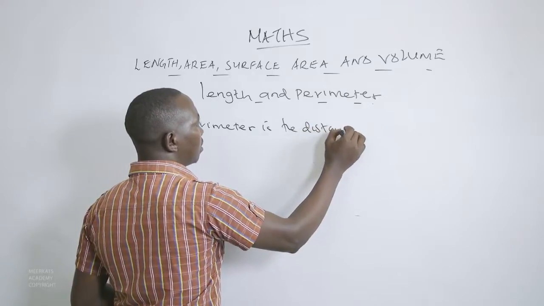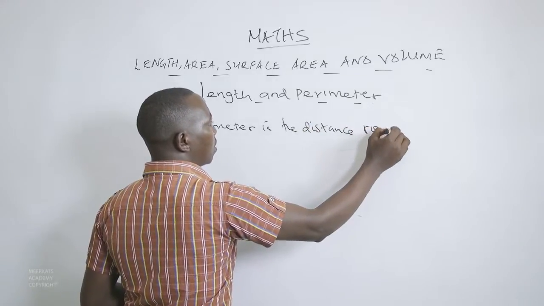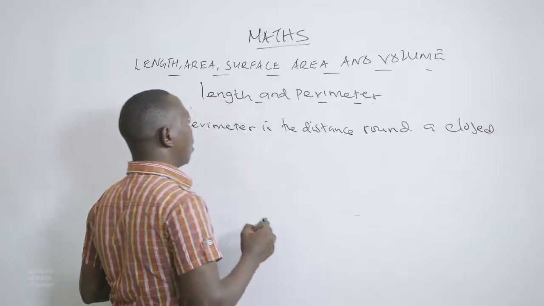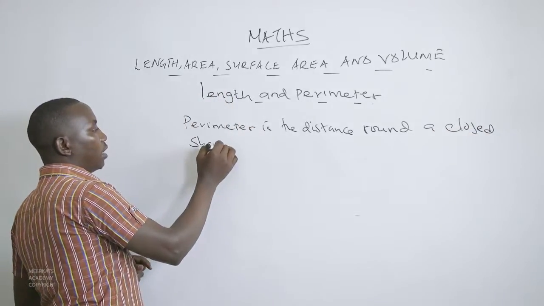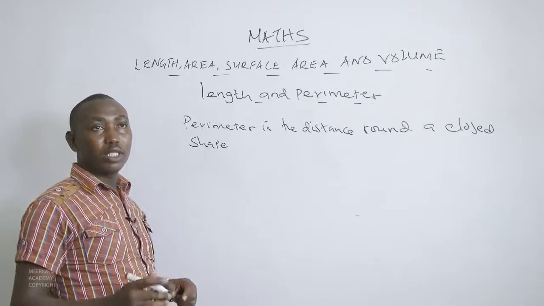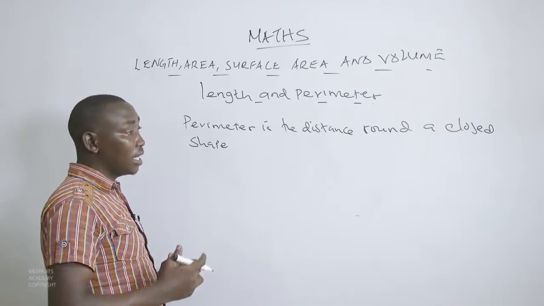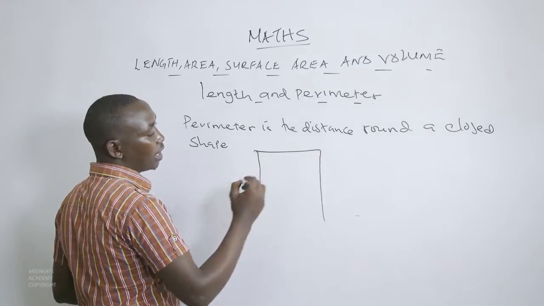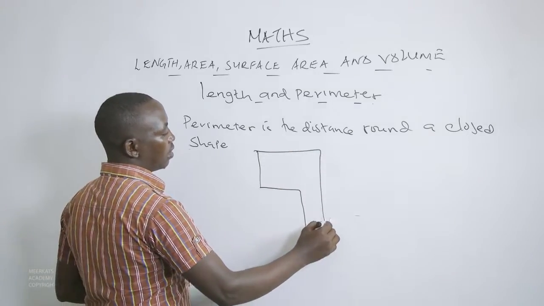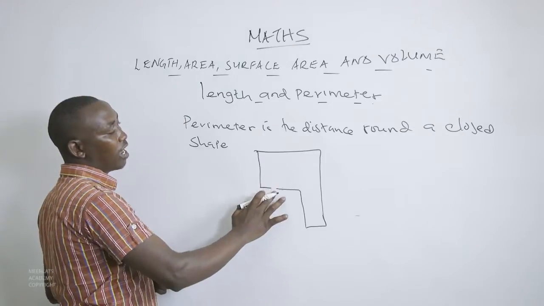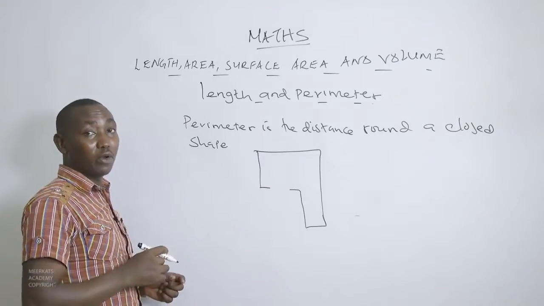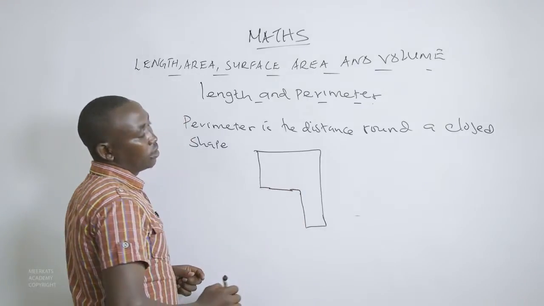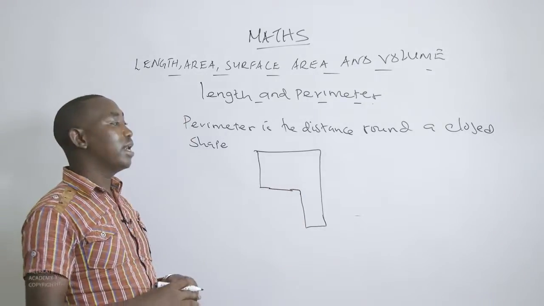A closed shape, in the sense that this particular shape should be continuous. That means we should not have broken parts on our figure. It should be closed. So for such a figure, we can find the distance around it.